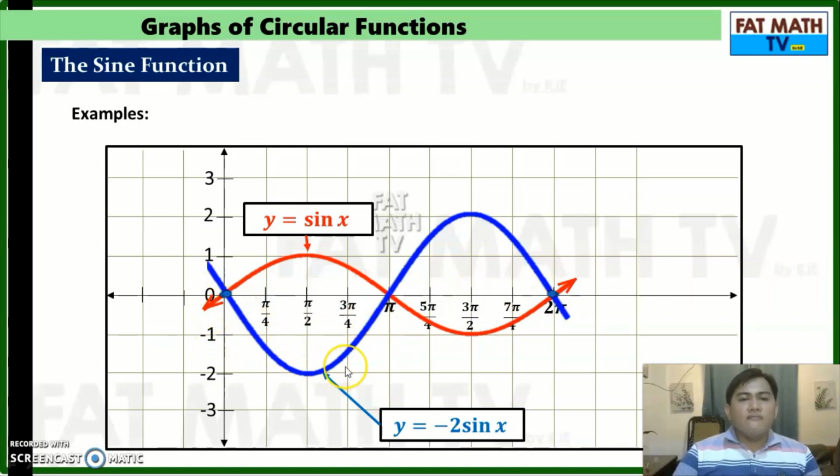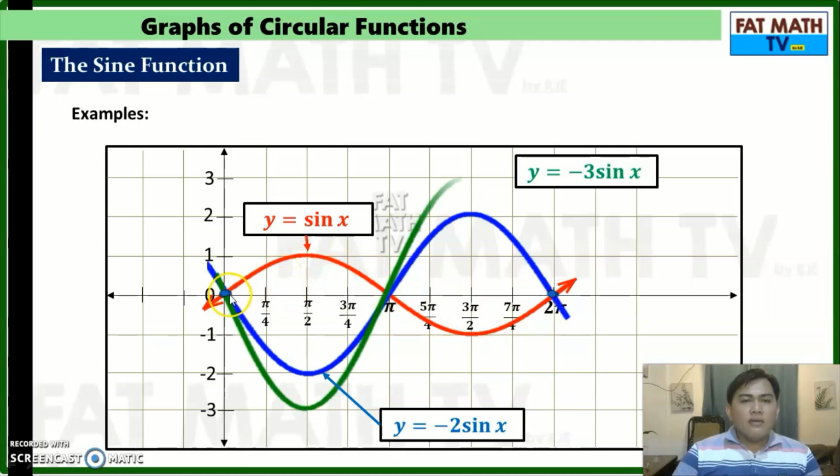So this is the graph of y equals negative 2 sine x. How about if we have negative 3 sine x? If we take this red graph, y equals sine x, as our reference, it will also be a vertical flip, and it's going to be taller also.